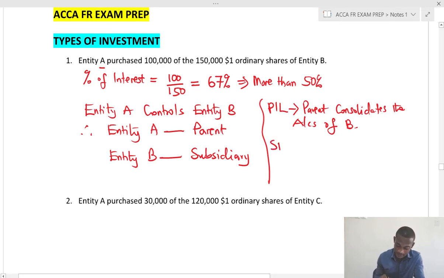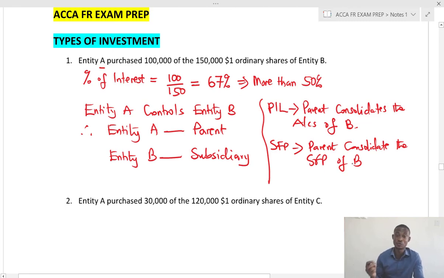And in the financial position, again, the parent would consolidate the financial position of B. So for a subsidiary, there is control, entity B is consolidated.